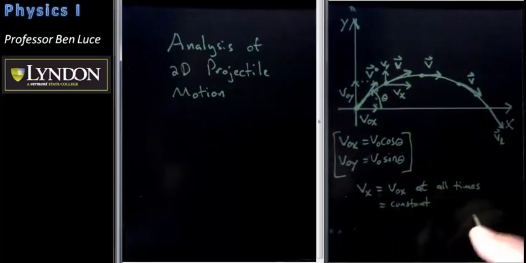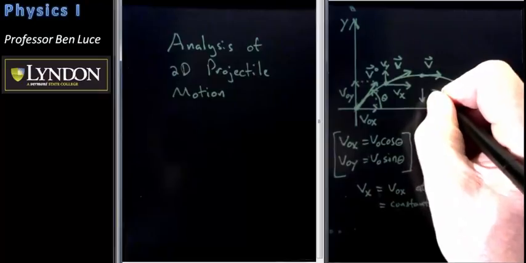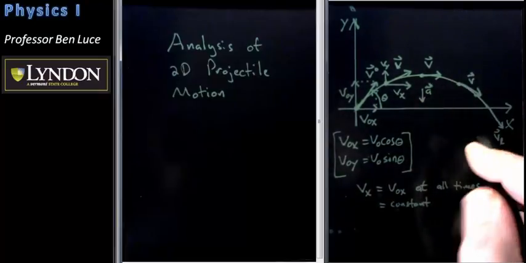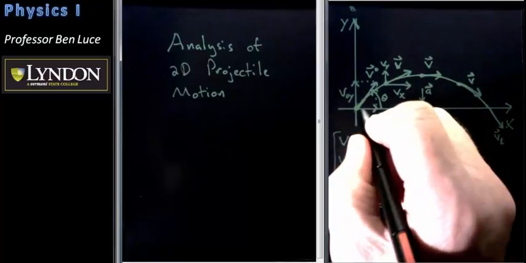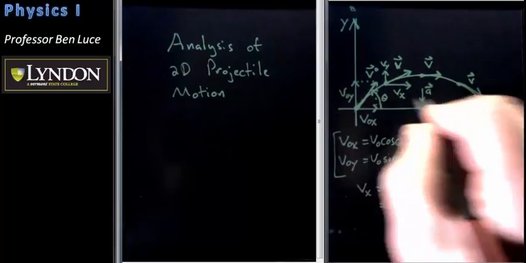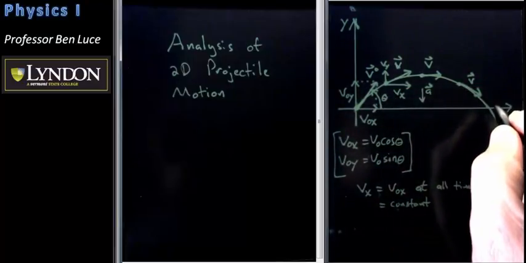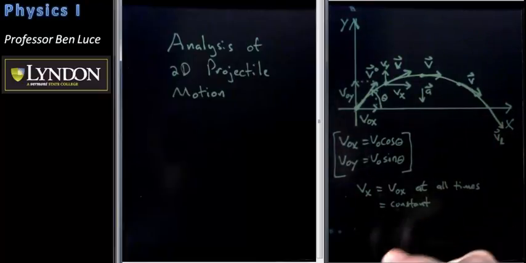And the reason for this is because the acceleration only points downwards, and so it doesn't affect the x component of the velocity. The projectile, as far as its horizontal motion goes, just moves at a constant rate to the right. That is, as long as we can neglect the effect of air drag.